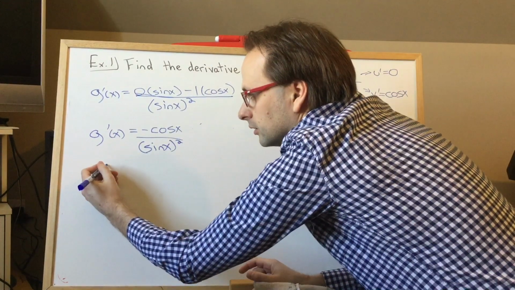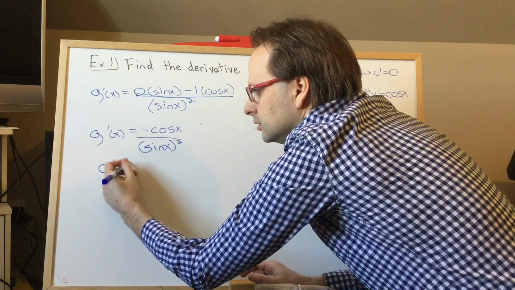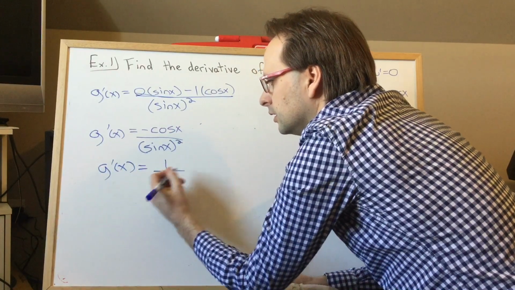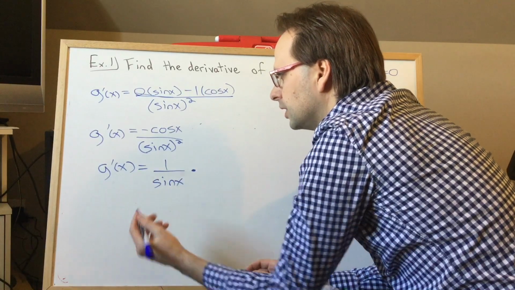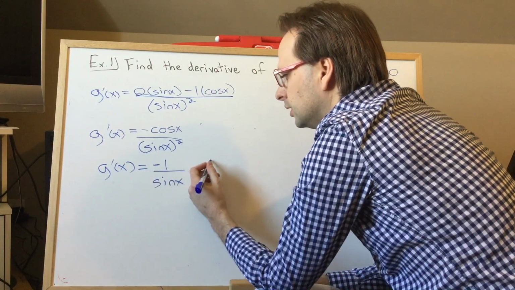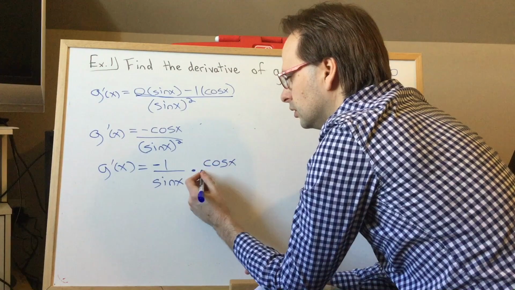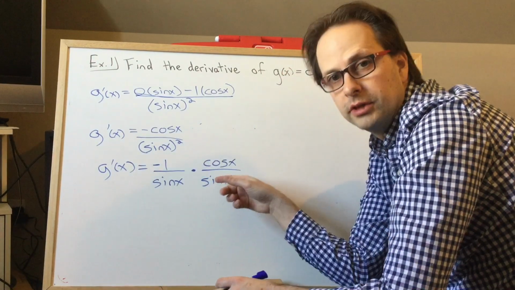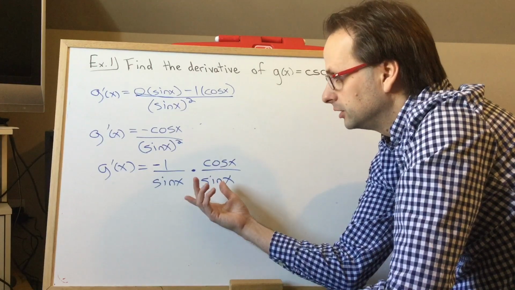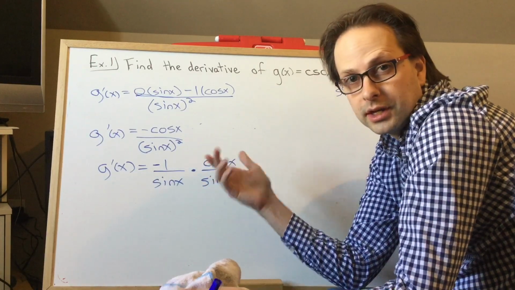I could split it apart. I could say g prime is 1 over sine x times, and maybe I'll keep the negative with this, times cos x over sine x. It's equivalent to the last step. I've just split things apart. Why? I guess because I can.